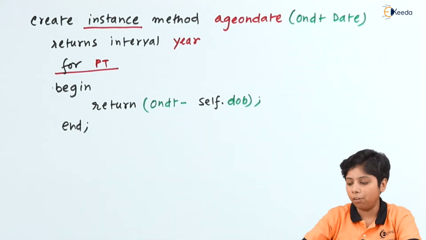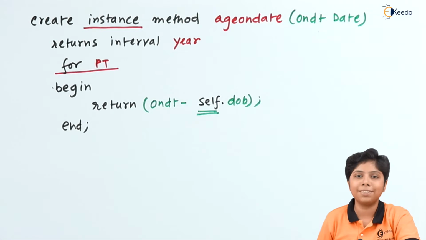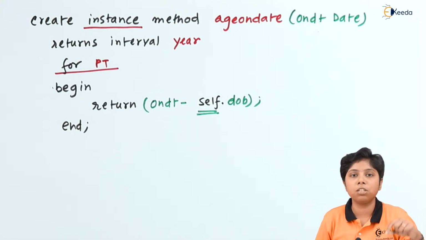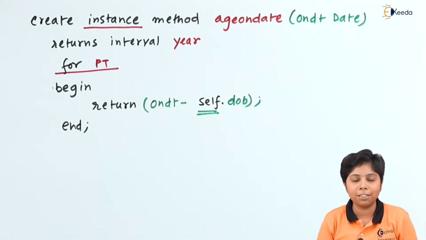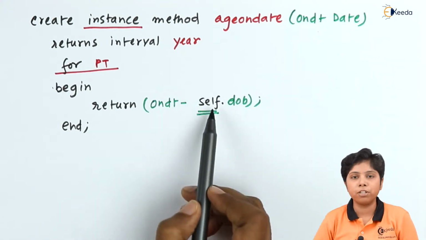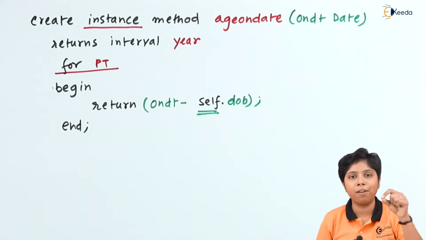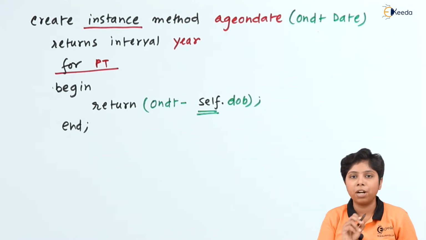What do you mean by self? When we are using the keyword self, you're referencing that particular instance or the tuple on that relation. So if it is from the person relation, then self refers to every instance, so that for every tuple there will be a particular self.dob.